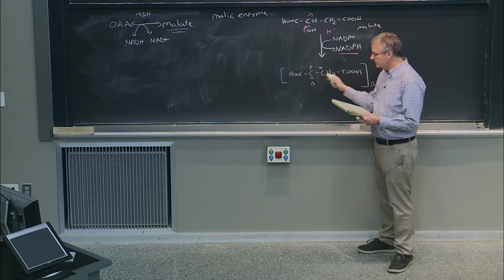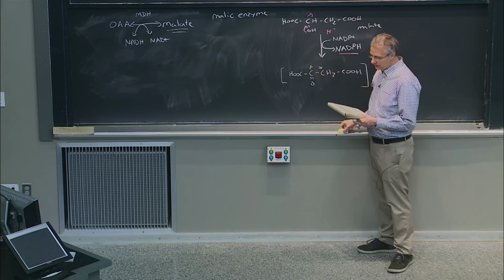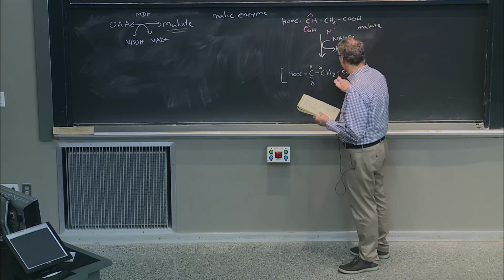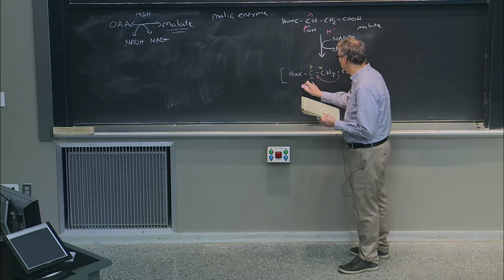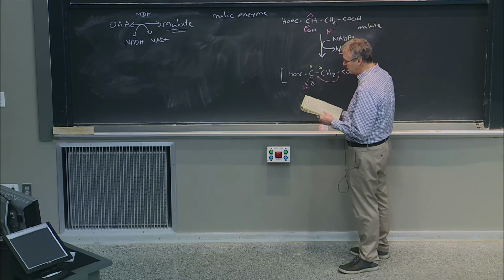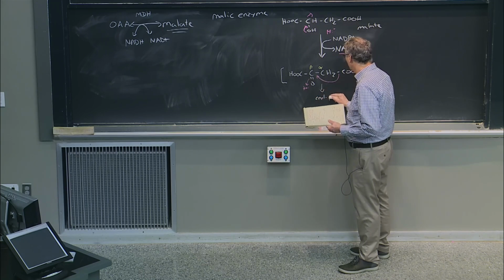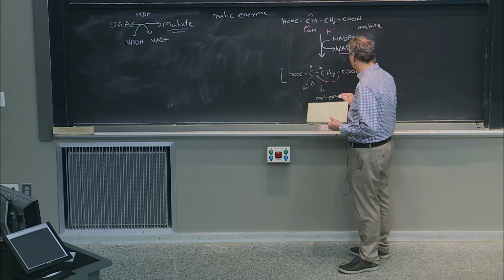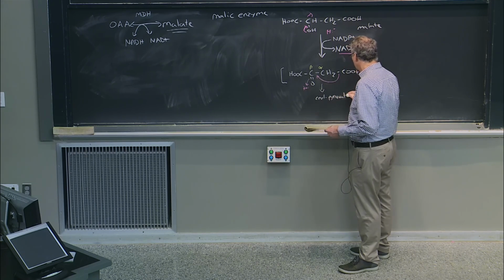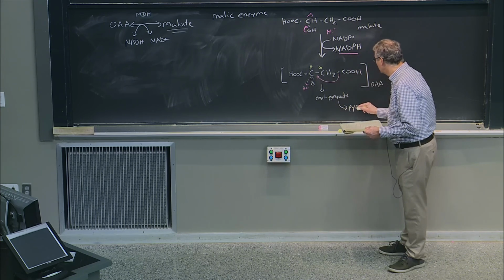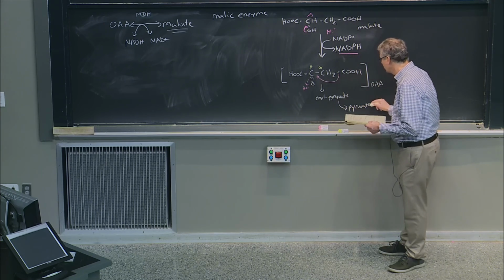Beta keto acid. And beta decarboxylation is favorable. We've now seen this many, many times. This is going to generate enol pyruvate. Enol pyruvate will want to rearrange to pyruvate.